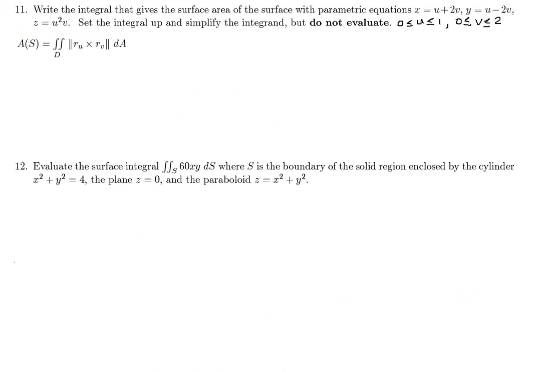Okay, so what do we need here? Well, we need our derivatives r sub u and r sub v. So let's write out our function r in terms of u and v. Our vector valued function: the x equation is u plus 2v, the y coordinate is u minus 2v, and the z coordinate is u squared v.